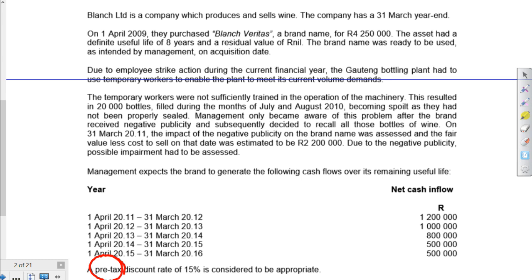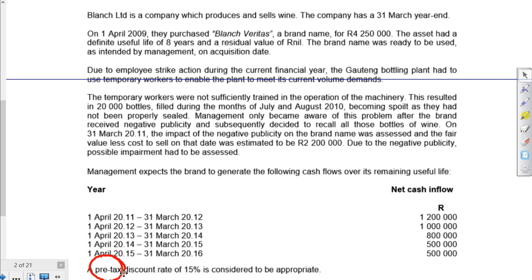Usually when we're looking at returns on assets, we're looking pre-tax, if you think about when we do the ratios. So we assume, unless we were told otherwise, that these cash flows are pre-tax cash flows, they're the returns from the asset before I have to pay tax, because lots of other things come into a tax calc, isn't it? And therefore, I will use the pre-tax discount rate of 15. I won't adjust it.